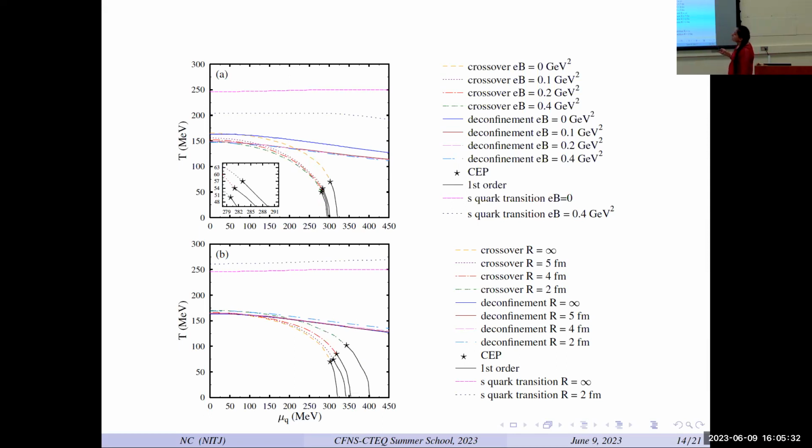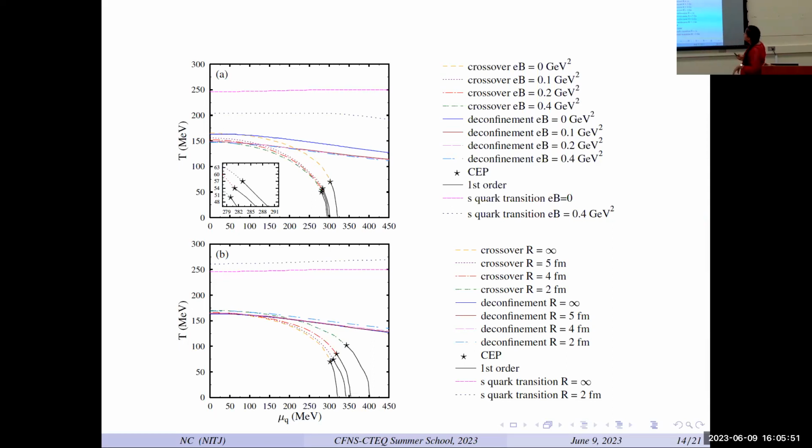The above lines are for the strange quark, and these lines here are for deconfinement. So basically, we plot separate phase transition lines depending on the S quark, U and D, and for deconfinement through our Polyakov loop variable.